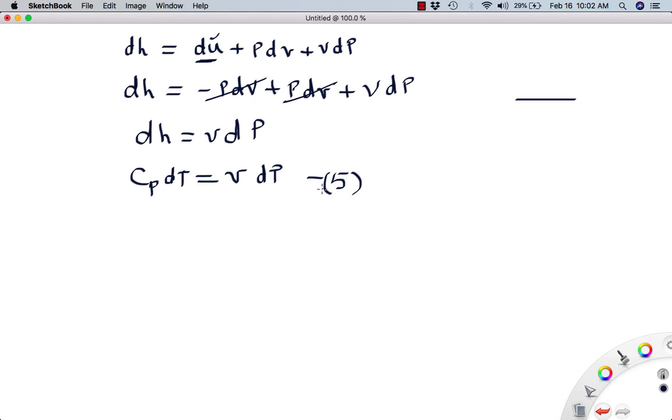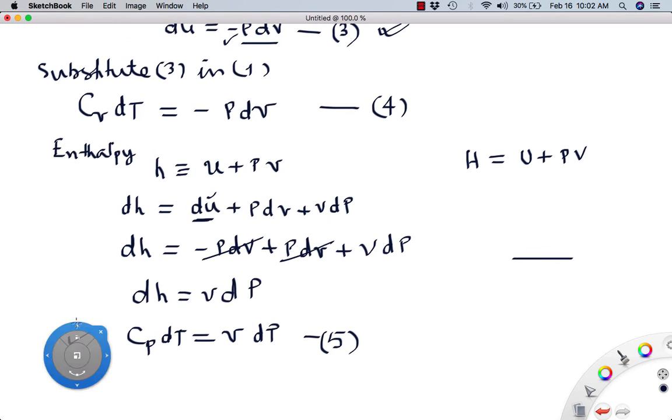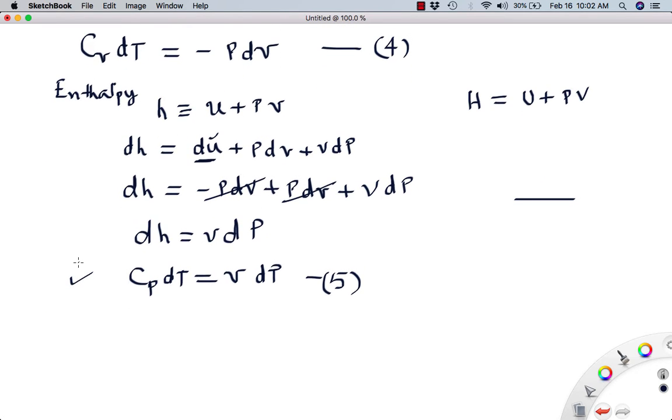So we got two expressions with Cp and Cv. One is this one, and we also got an expression with Cv. So let's go back and see that. So that's this expression, equation 4. So let's divide equation 5 by equation 4.